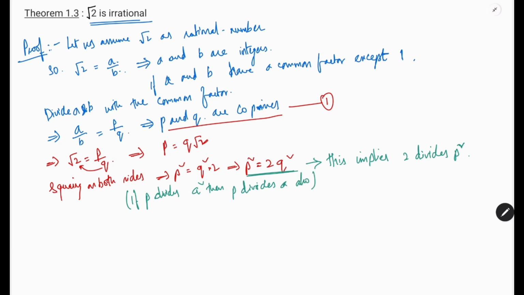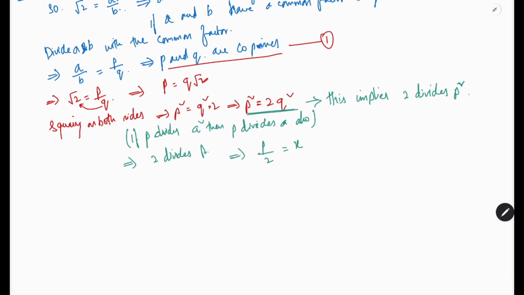We have seen the theorem just now. So this implies 2 divides P. Let us take P by 2 as some x.